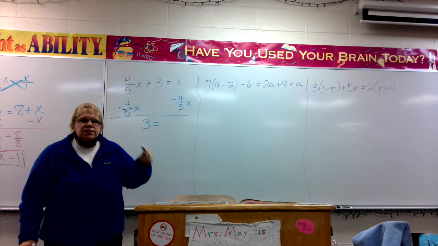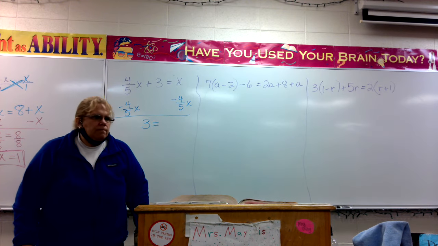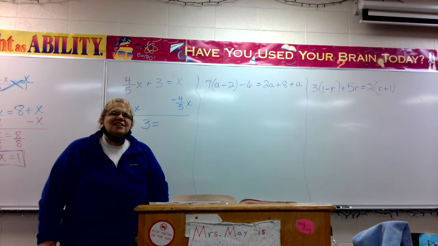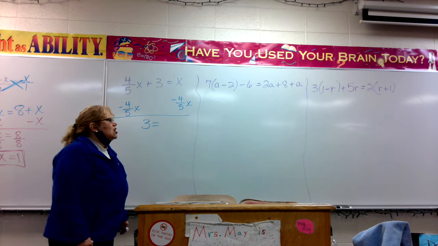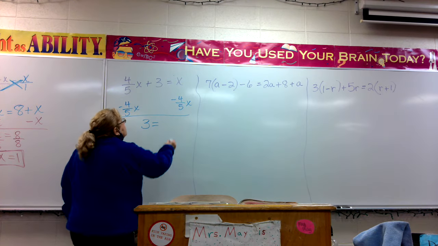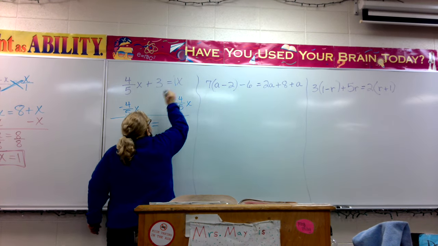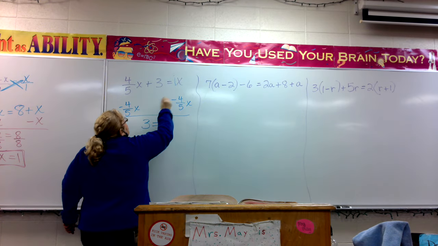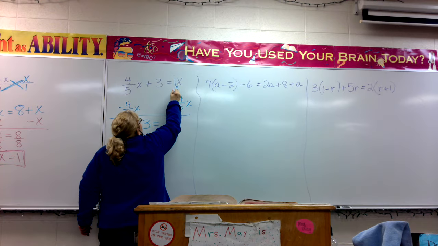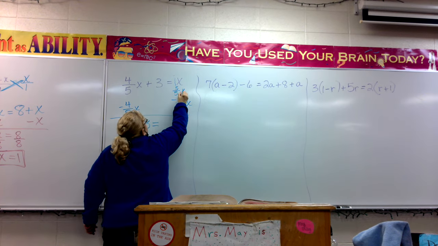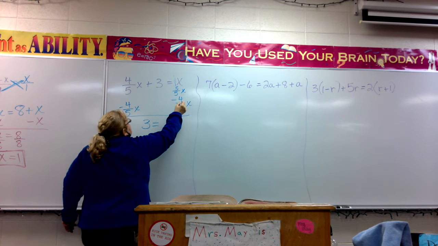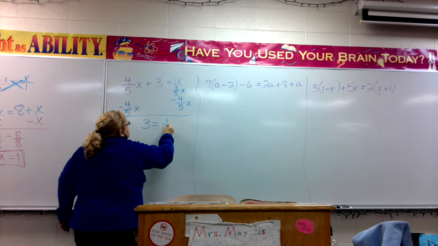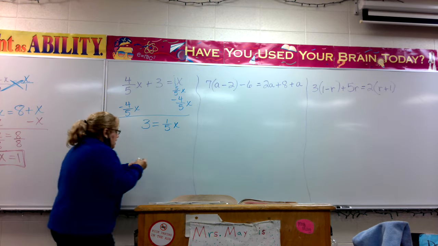What do you have to have in order to subtract fractions? Right, good, a common denominator. This is 1 whole right here. 1 whole, take away 4/5. 1 whole, isn't that 5/5? Yeah. So 5/5 x, take away 4/5 x, what is that? 1/5 x.